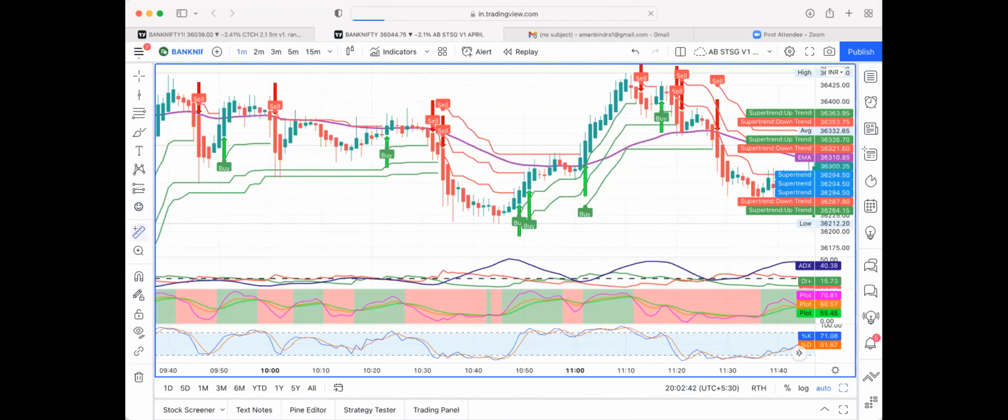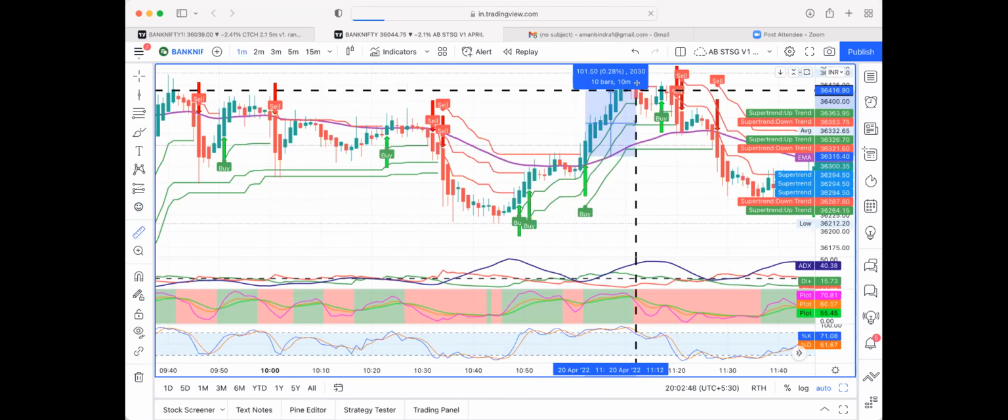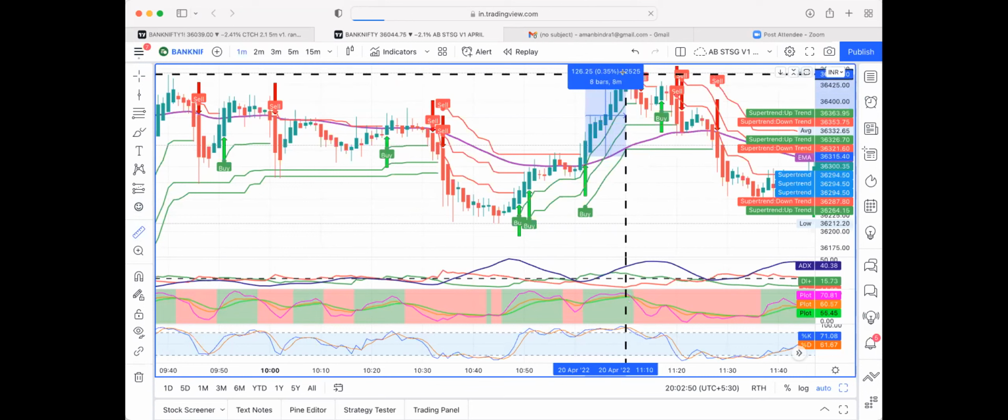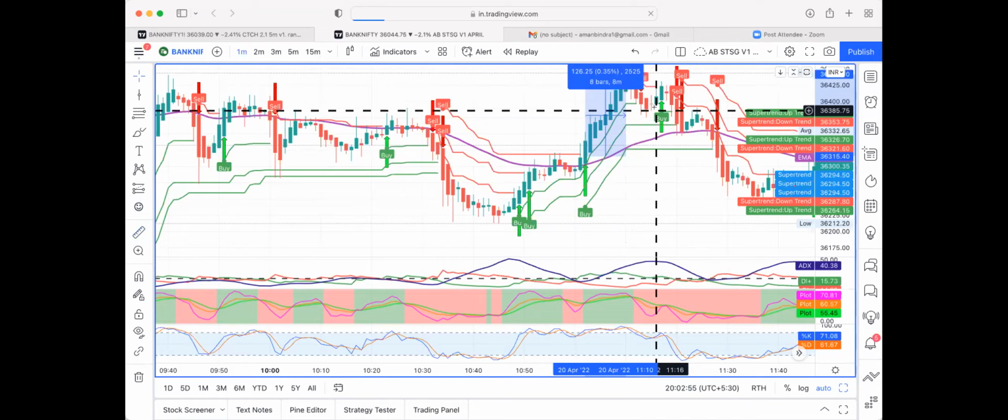So I'll just measure how many points we could have earned if we had taken this trade. No, the correct place to take an exit is the doji. Can you go to the doji? Next candle.